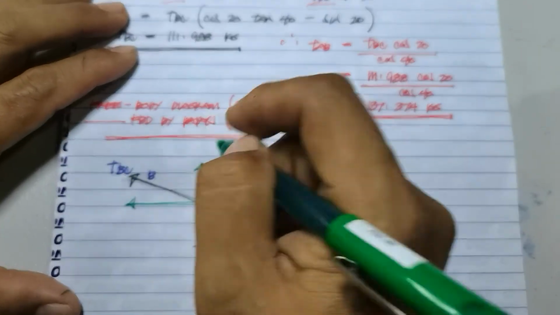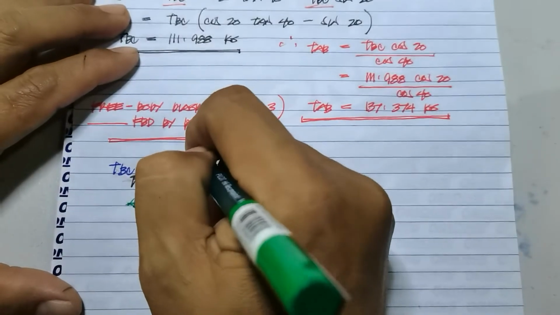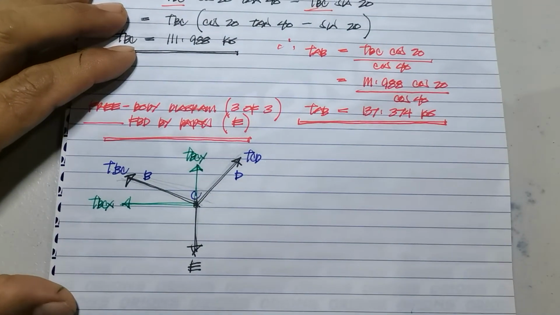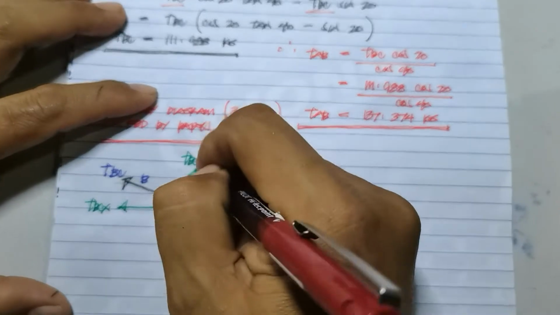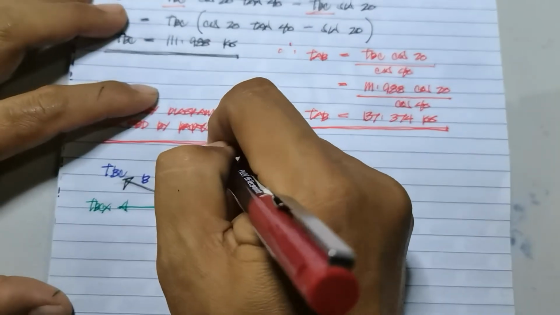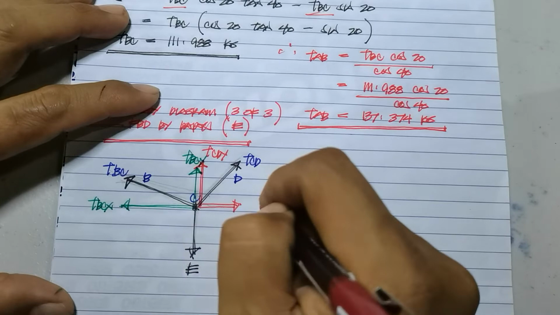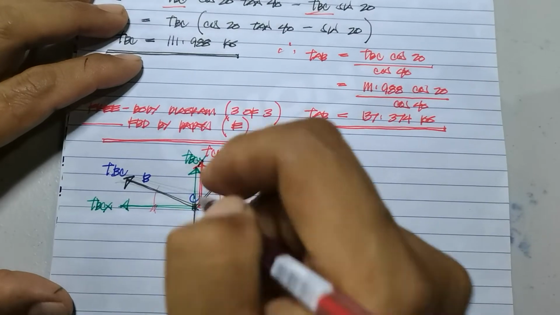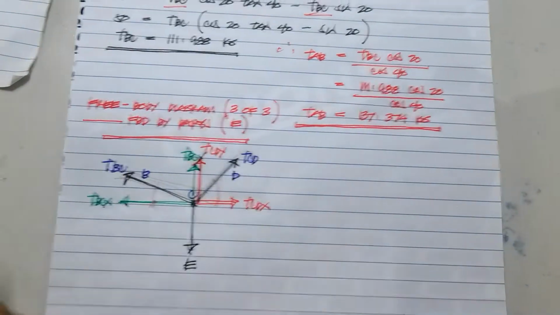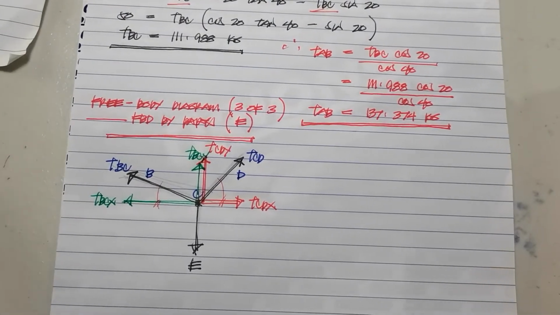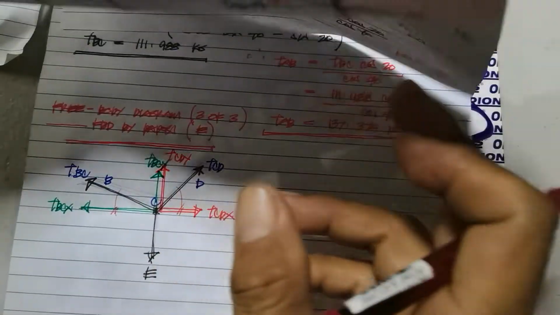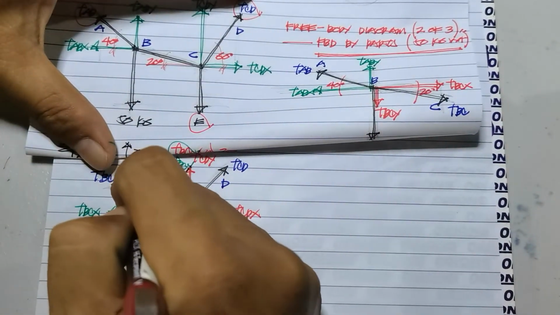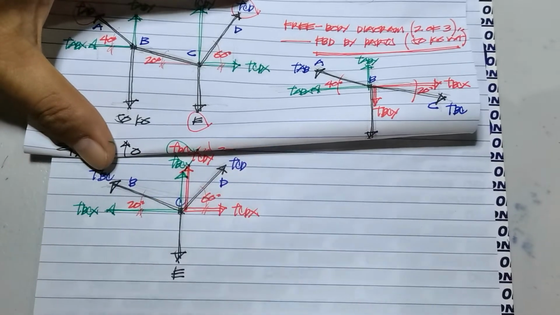So, if this is TBC, you have TBC of Y, TBC of X. Then this is TCD of Y, and this is TCD of X. Let us put the respective angles based on our configuration: 20 degrees and 60 degrees.